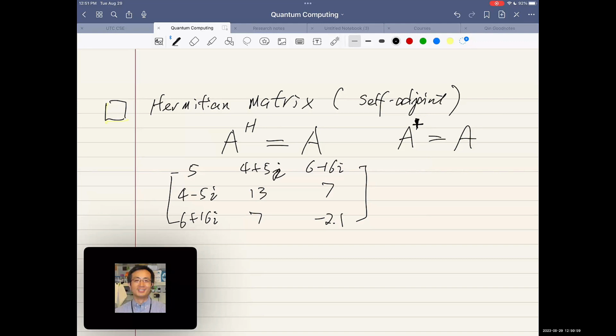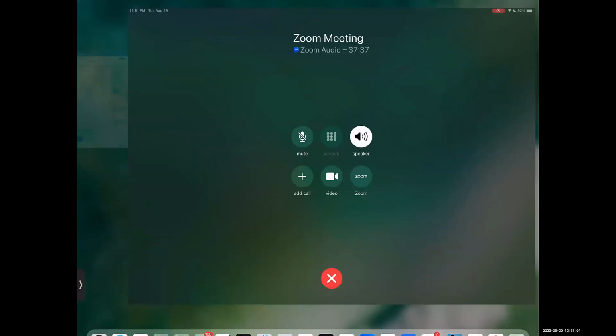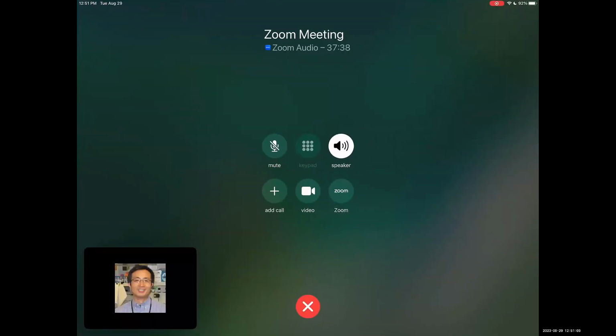Let me stop sharing my screen. Oh, sorry, it looks like I logged out of my Zoom from my iPad. That's not what I meant. I pushed the wrong button. Okay, any student willing to share?